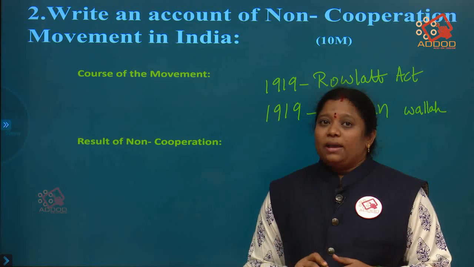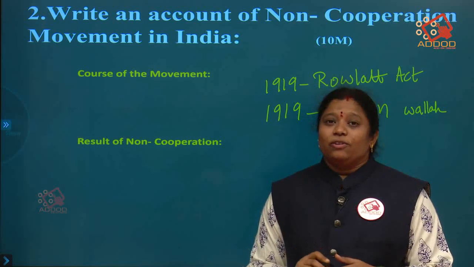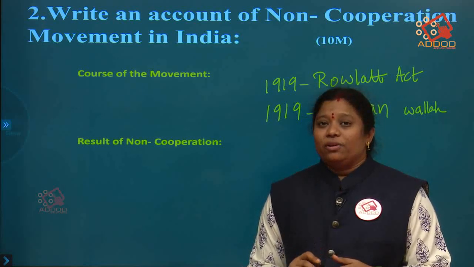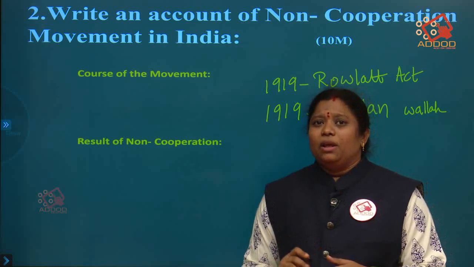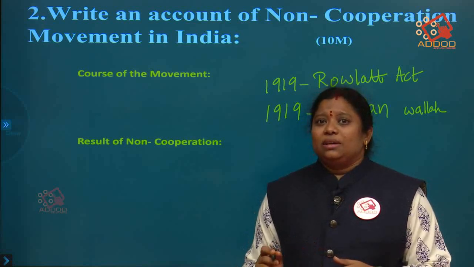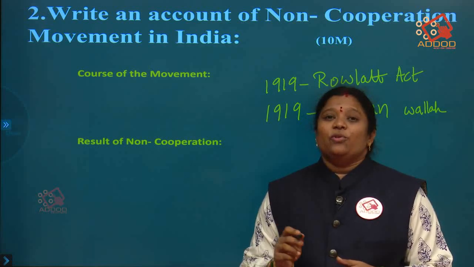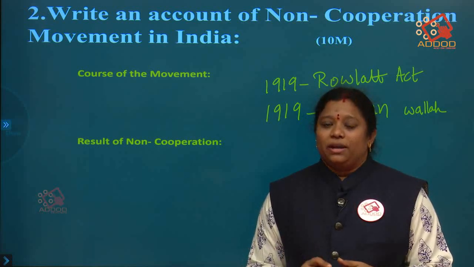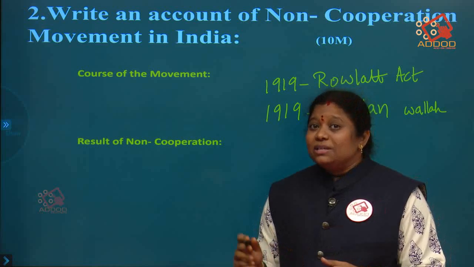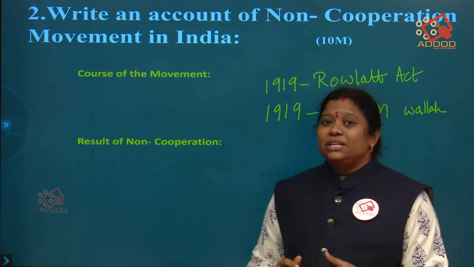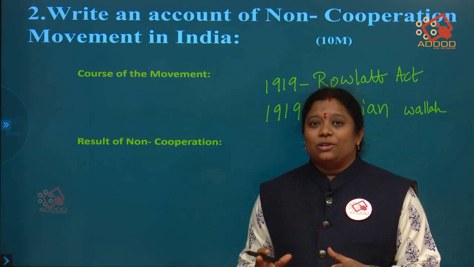And the British government, instead of punishing General Dyer for killing a mass number of people who were doing this satyagraha protest in a peaceful manner, he was rewarded by the British Parliament.